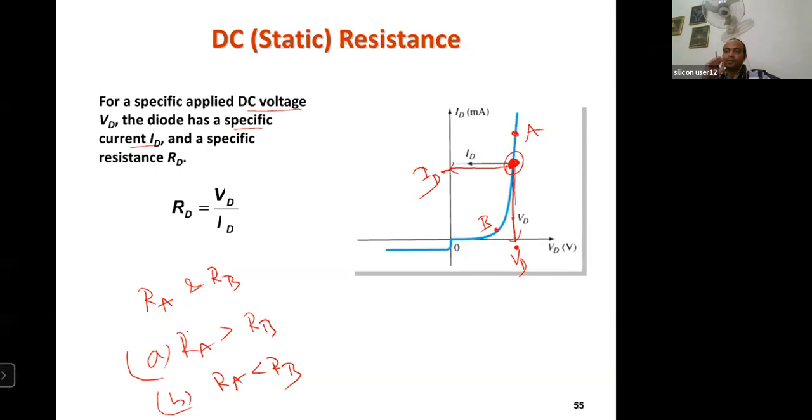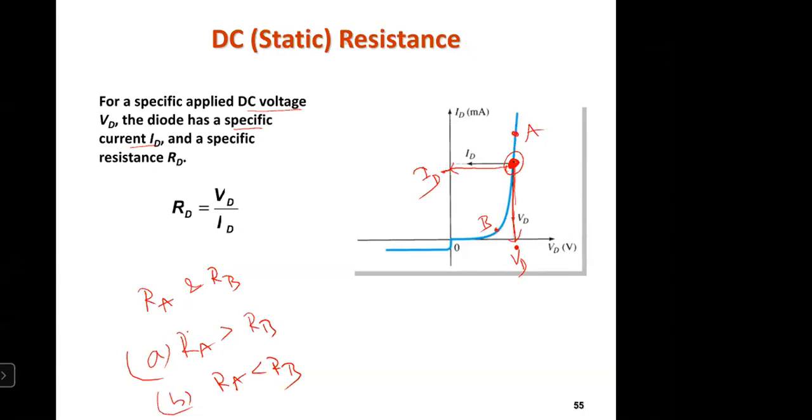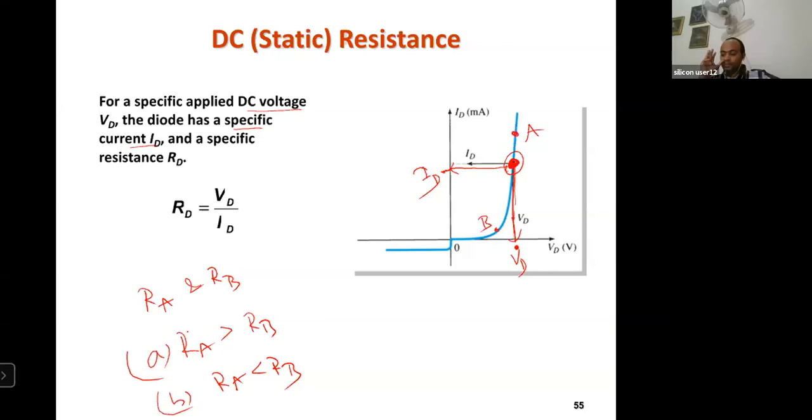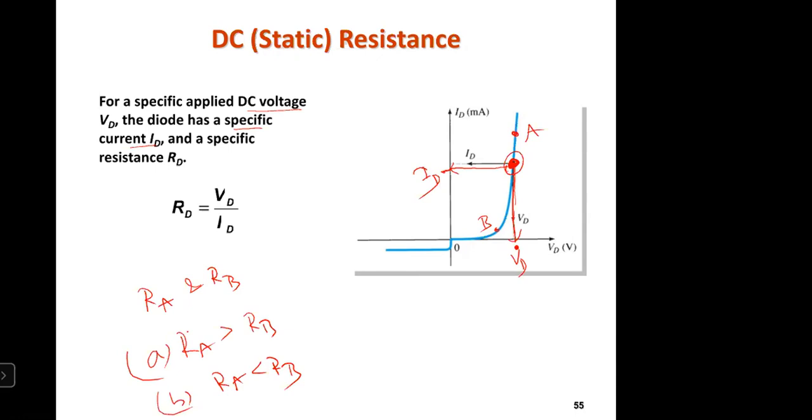RA less than RB. Don't go to all this mathematics, tan theta, all these things. Sir, resistance means VD is greater, that's why VD is proportional to RD. Yes, on the x-axis V graph is plotted. Sorry, sir, it's not RA greater than RB, I misconceived. Then which one is correct? B option, sir. Second one. B option, sir.